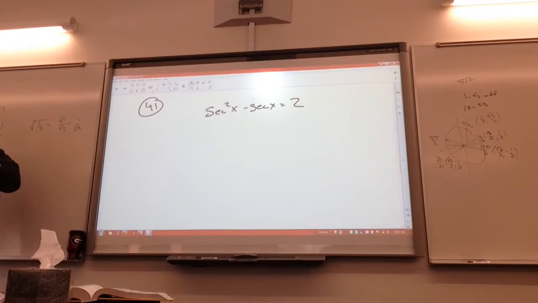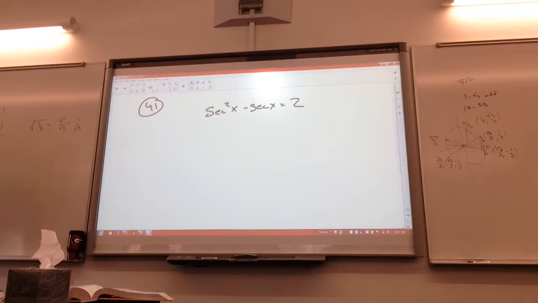Now, as it's currently written, what can I do to this? Can I do anything with the secant squared and the secant? Are there any identities that would help me there? Not really, right? I could make one of them a fraction and then add two fractions together, but that's just going to make things way more complicated, isn't it?